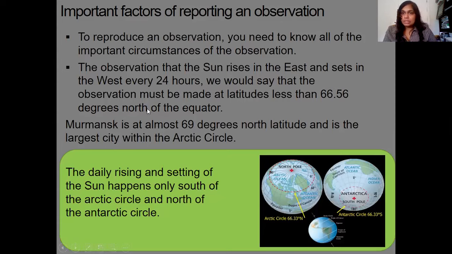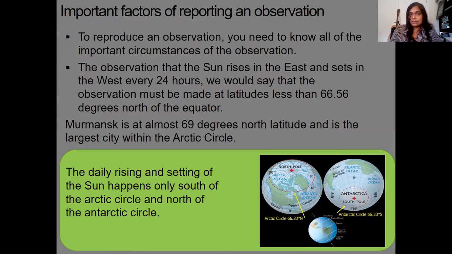When you are reporting something scientifically, for example, I saw sunrise at this time yesterday, you can make this statement a little bit more detailed and scientific, and make it valid for everywhere on the earth, right? So, important factors of reporting an observation. To reproduce an observation, you need to know all of the important circumstances of the observation.